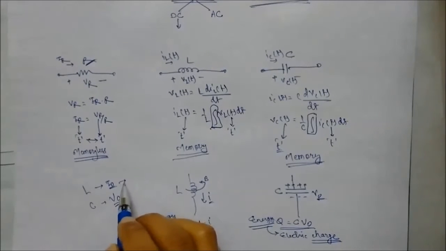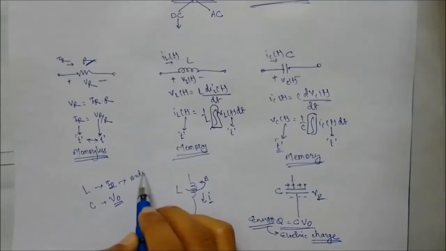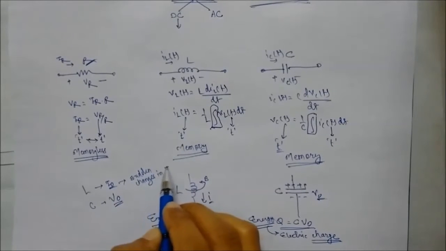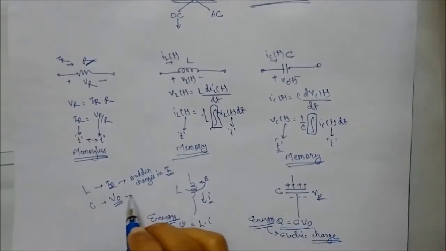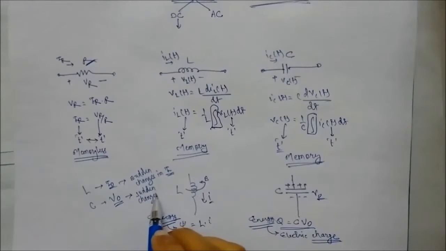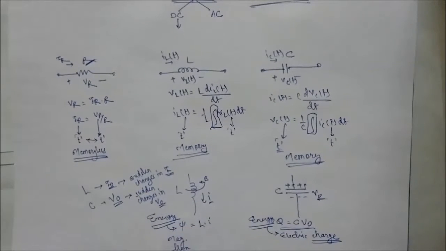Hence the inductor opposes sudden changes in the current passing through it, and the capacitor opposes sudden changes in voltage across it. Now consider the case of RC circuit first.